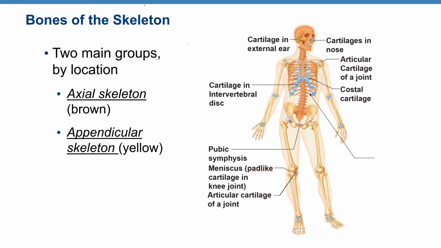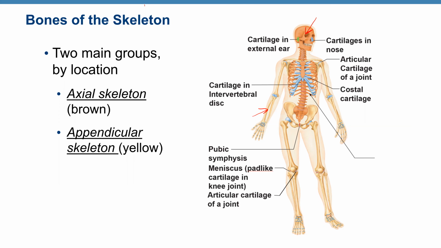So everything that's shown in brown will be axial skeleton, and what's shown in yellow would be appendicular skeleton. And axial skeleton will include skull, and skull is made of two major parts, cranium and facial bones.